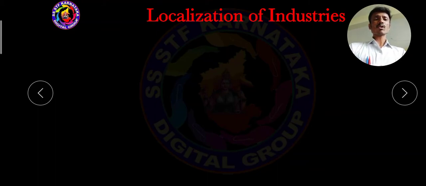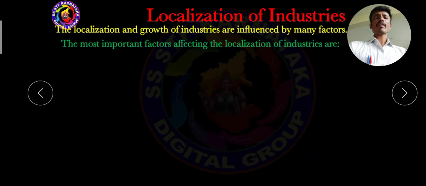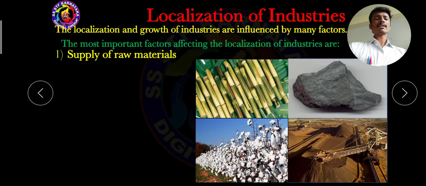So industries need some important essential factors. The localization and growth of industries are influenced by many factors, and these factors are very useful for the location of industries. The first and most important factor affecting localization is the supply of raw materials. For industries to run properly, raw materials play a very important role.